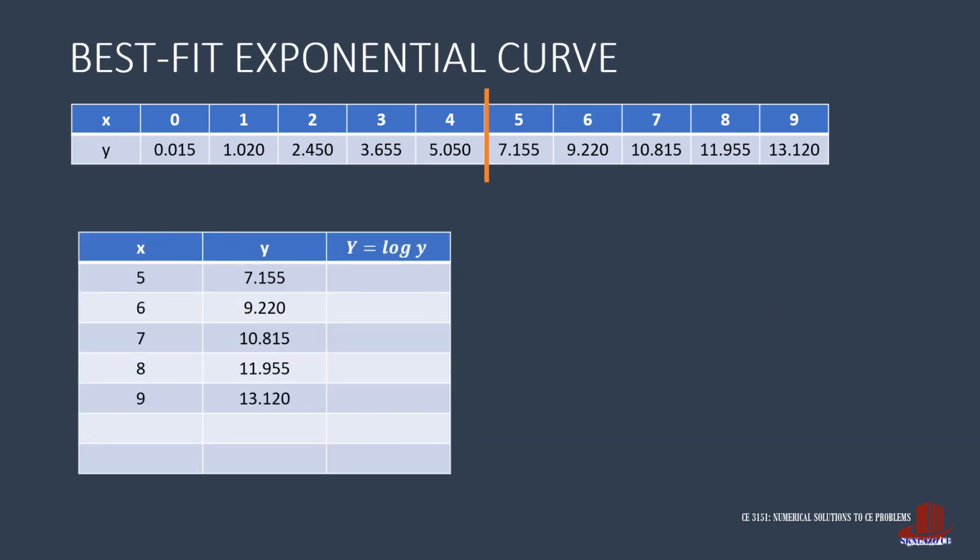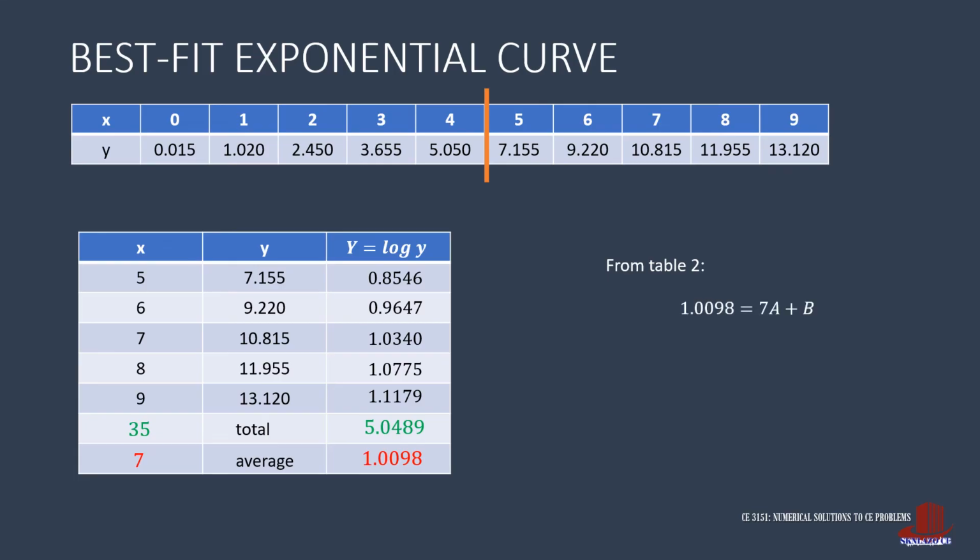From the second table, fill out the third column, then take the summation of x and capital Y. X comes out as 35 and y as 5.0489, making x average as 7 and capital Y average as 1.0098. The second equation then is 1.0098 equal to 7a plus b.